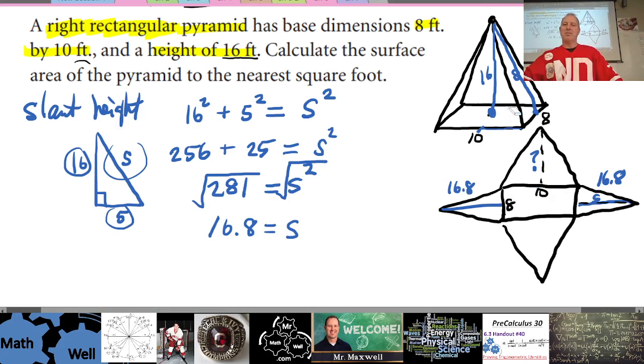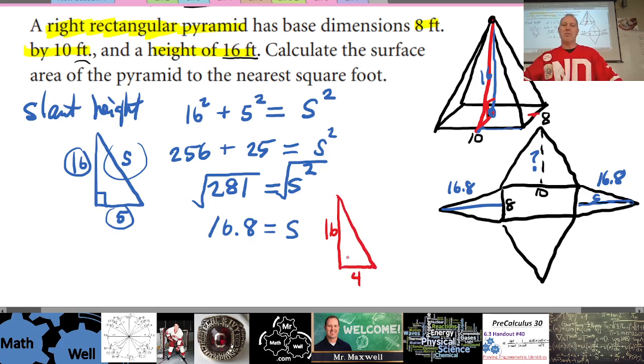I need to calculate this slant height on this side now, which means I have a right triangle inside there. It's going to be 16. What's going to be the base here? 4, right? Because it's half of 8. So this is going to be 4.